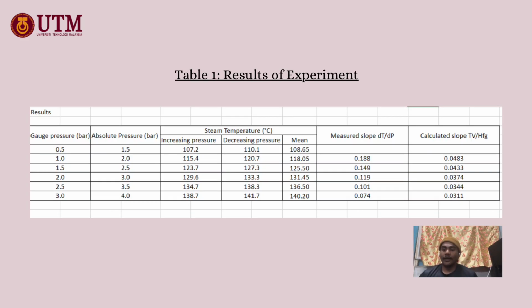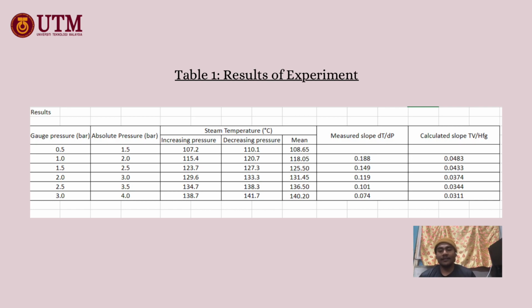Okay, now we move into the result section. In this section, we have Table 1, result of experiment. In this table, we have the first column, gauge pressure in bar, second column, absolute pressure in bar, third column, steam temperature in degrees Celsius, and we have divided it into three sections.